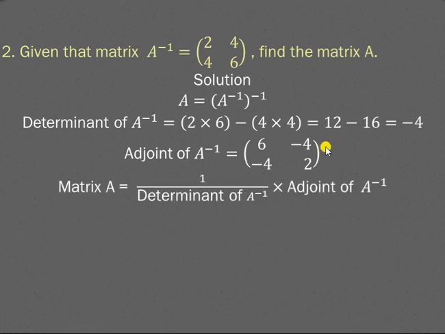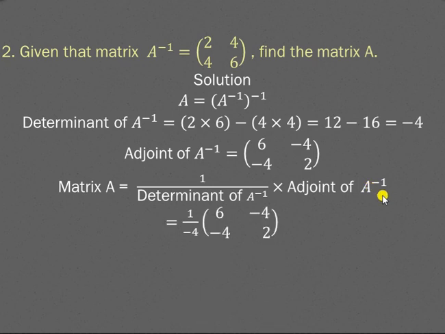After, apply your formula. Now matrix A will give us, because remember now matrix A is the inverse of the inverse of this matrix. I come again. I'm saying matrix A will be the inverse of this inverse matrix. So the formula will be 1 out of the determinant of A inverse times the adjoint of A inverse.